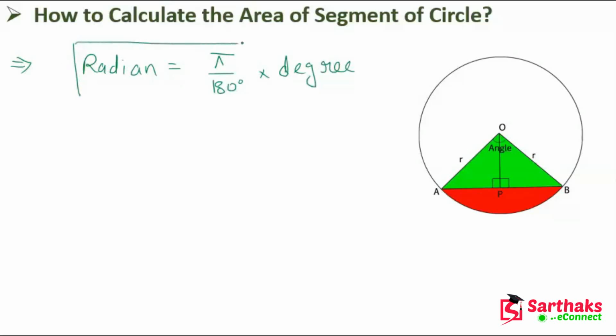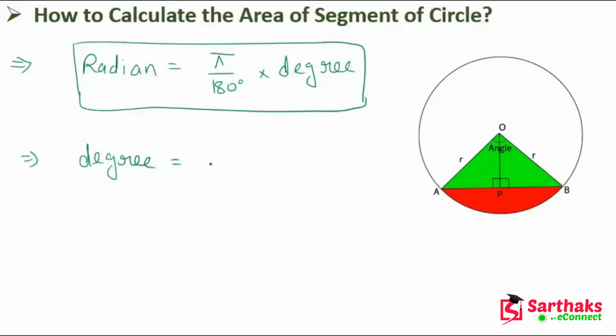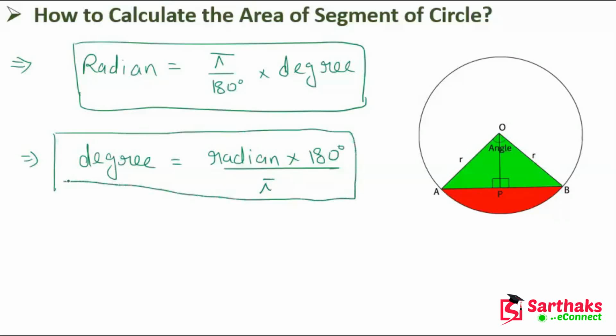If we have an angle in degrees, we can convert it into radians by this formula. If we have an angle in radians, we convert it into degrees: degree is equal to radian into 180 divided by pi. These are the formulas to convert from degree to radian or from radian to degree.